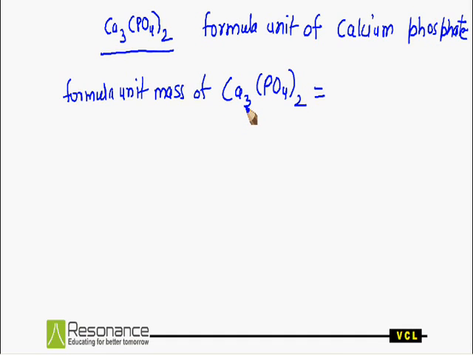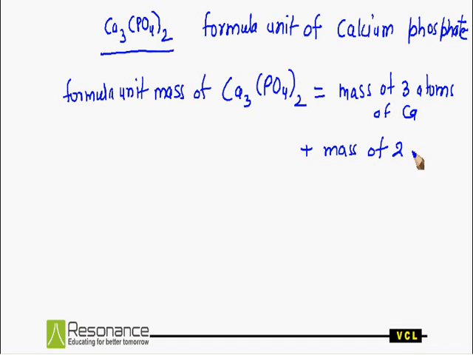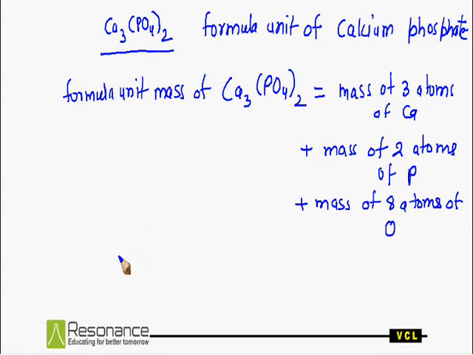As we know, here 3 atoms of calcium are present in calcium phosphate, so the formula unit mass of calcium phosphate is equal to the mass of 3 atoms of calcium plus the mass of 2 atoms of phosphorus plus the mass of 8 atoms of oxygen, since 4 into 2 gives 8 atoms of oxygen.